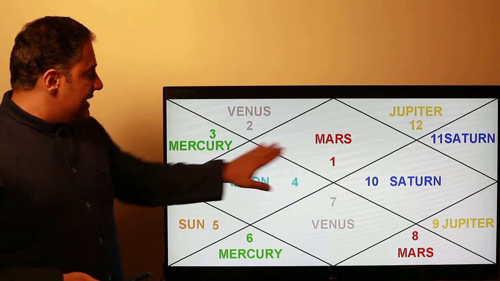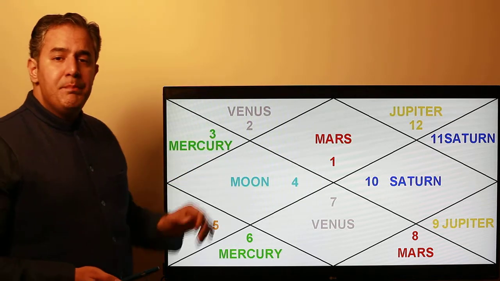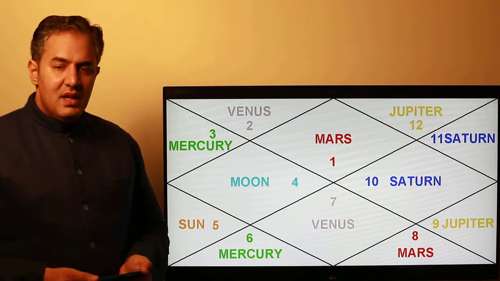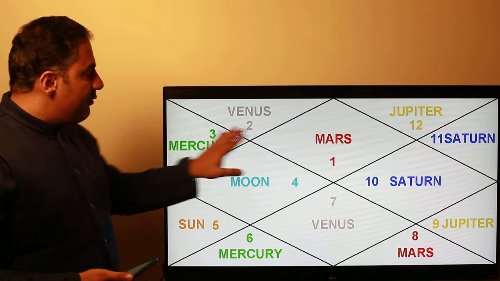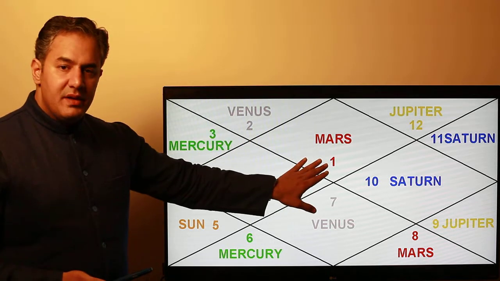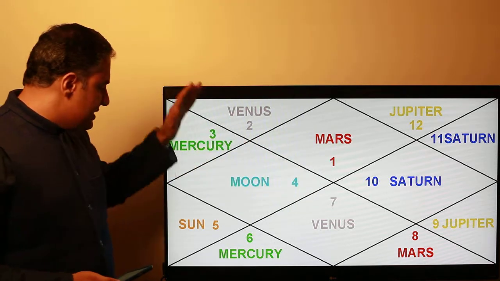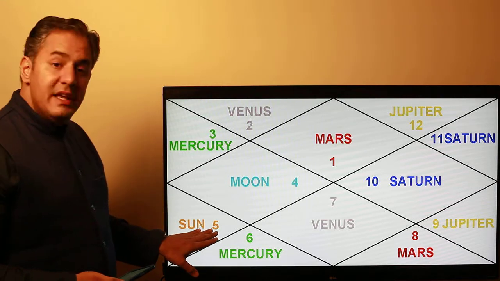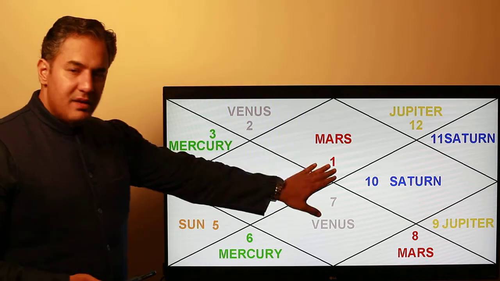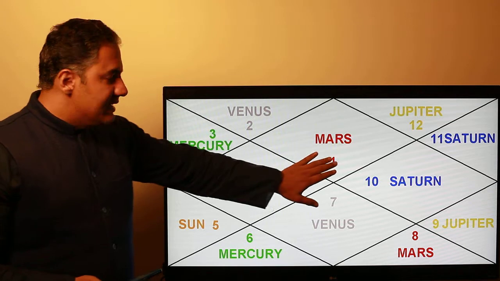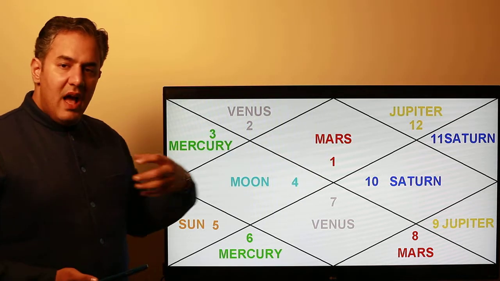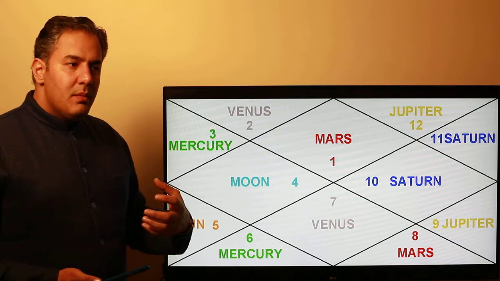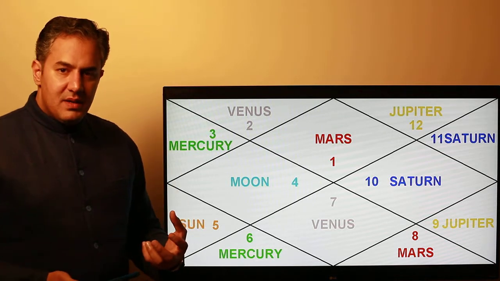The odd signs are basically masculine signs. They have more of a masculine property. For example, if Leo was the sign in the ascendant, then he will have a lot more masculine properties.